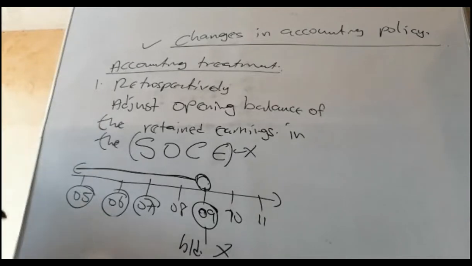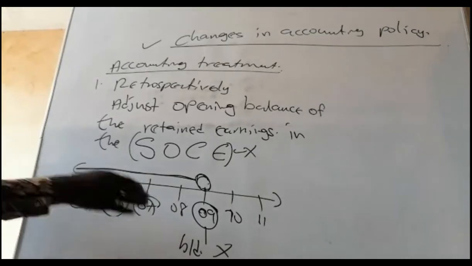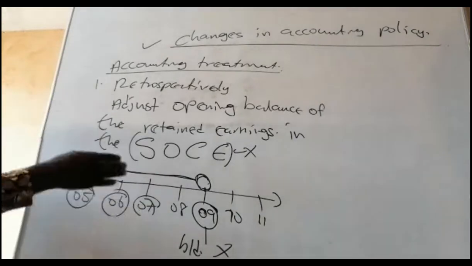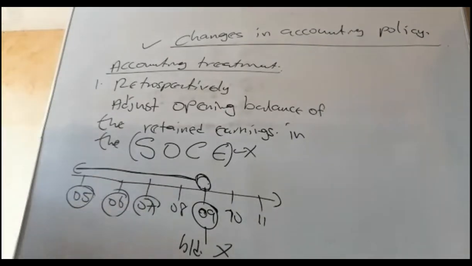We are not saying go and pick the 2008 financial statement and adjust it. Just bring the opening balance and adjust it. You are safe, because we are saying that this new policy must be treated as if it has always been there. Have you seen the treatment? That's the first treatment.